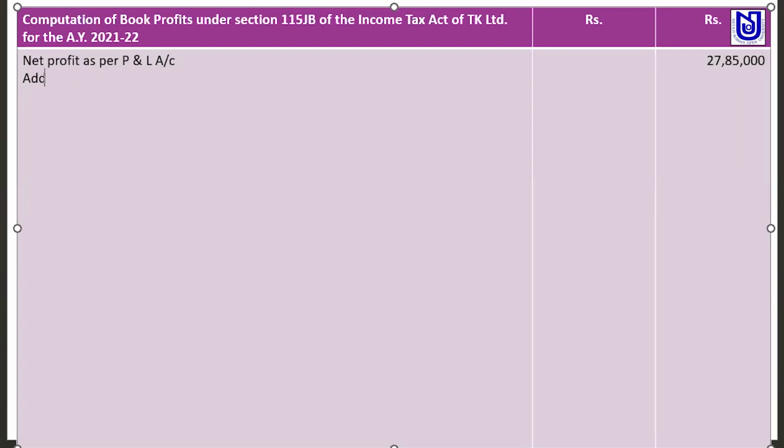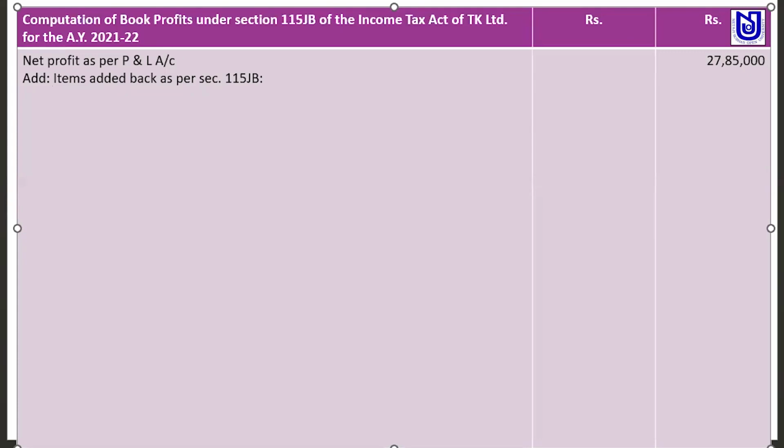Then we have to take some items to be added. So add items added back as per section 115JB. What are the items? Here you see the first item, provision for income tax. Once again we are coming back to page number 18. What items are to be added?